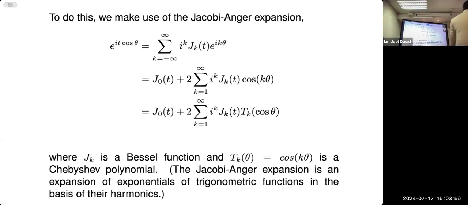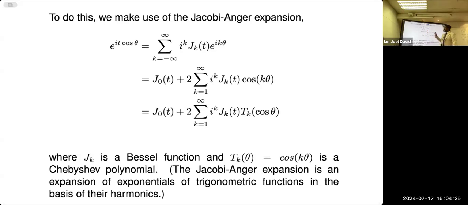And we can do it using the Jacobi-Anger expansion. So what is the Jacobi-Anger expansion? It's just a way to represent exponential trigonometric functions in terms of their harmonics. Okay? It's used very commonly in physics, and I'll tell you where they use it in physics as well, in signal processing, in understanding FM signals and AM signals. That's also where the name comes from, right?